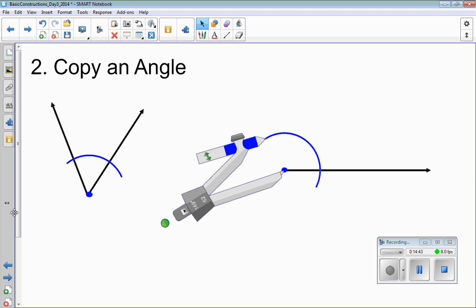But I'm just going to make the same exact arc. Okay? How are we doing so far? So an arc on one, same arc as the other. Again, don't change the spread of your compass once you've done that. You might need to make it a little bit bigger, okay?